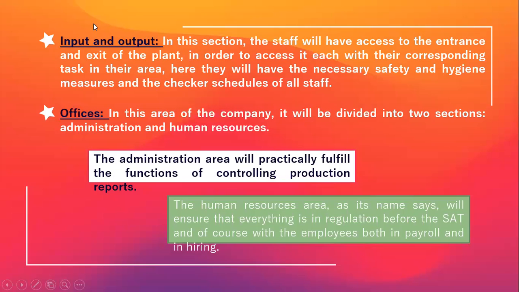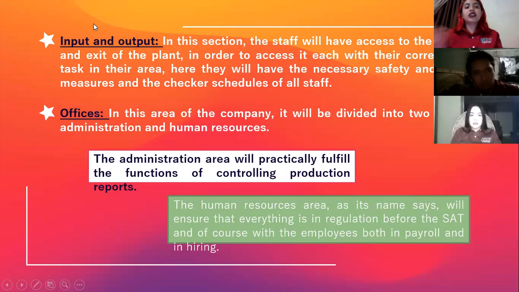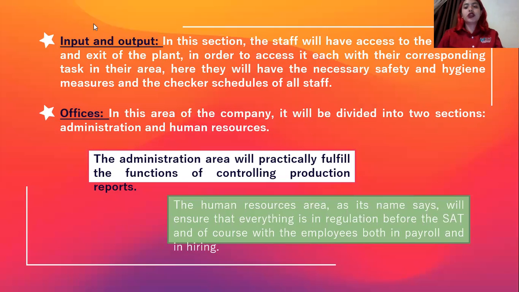Input and output. In this section, the staff has access to enter and exit the plant of the company. The office: this area will be divided into two sections, administration and human resources.